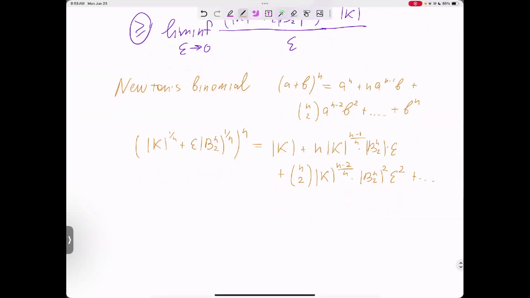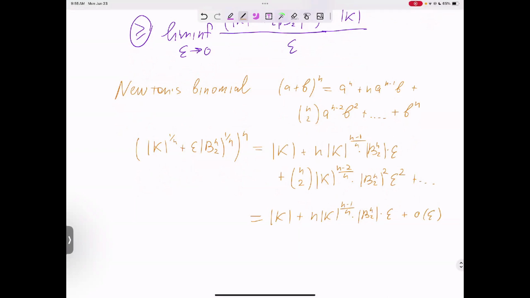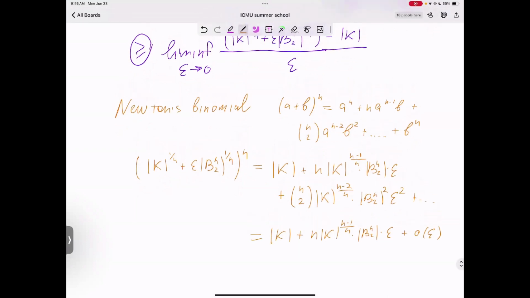So in summary, I get here actually the volume of K plus n times the volume of K to the power (n minus 1) over n times the volume of the ball times epsilon plus something that's o small of epsilon. You remember that we have epsilon going to 0, so everything that's epsilon squared, epsilon cubed, and so on actually equals o small of epsilon.